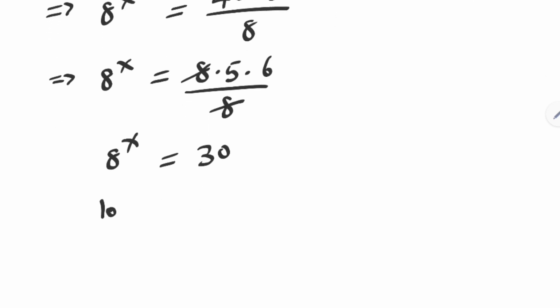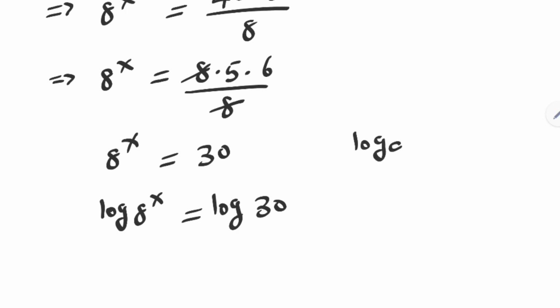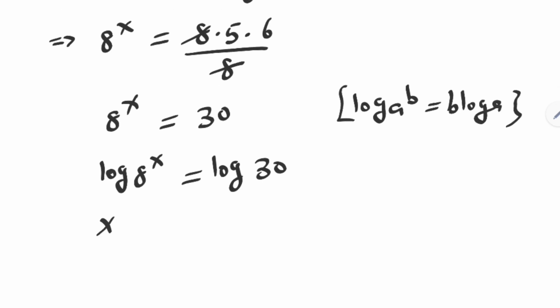We have log 8 raised to power x is equal to log 30. If you have log a raised to power b, this is equal to b log a. x log 8 is equal to log 30.